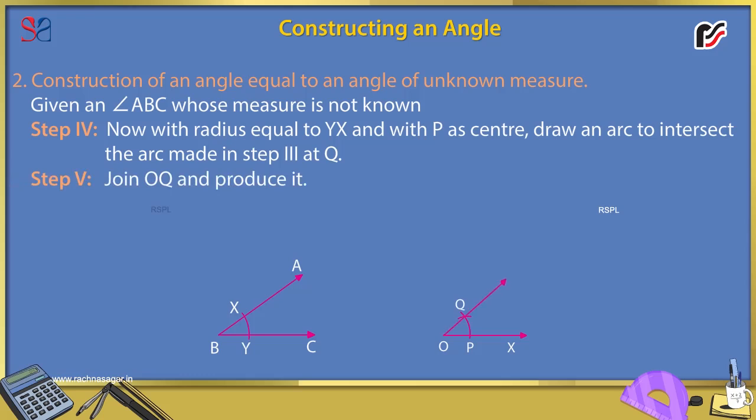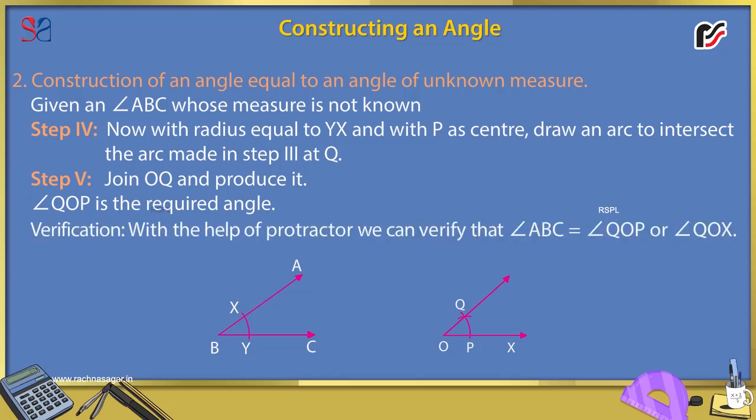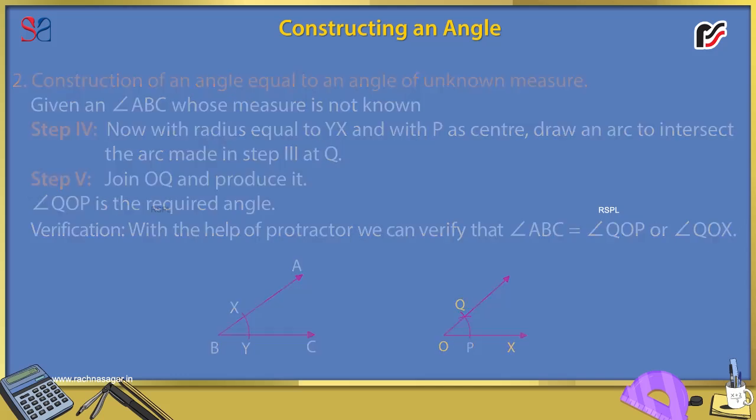Join OQ and produce it. Angle QOP is the required angle. Verification. With the help of a protractor, we can verify that angle ABC is equal to angle QOP or angle QOX.